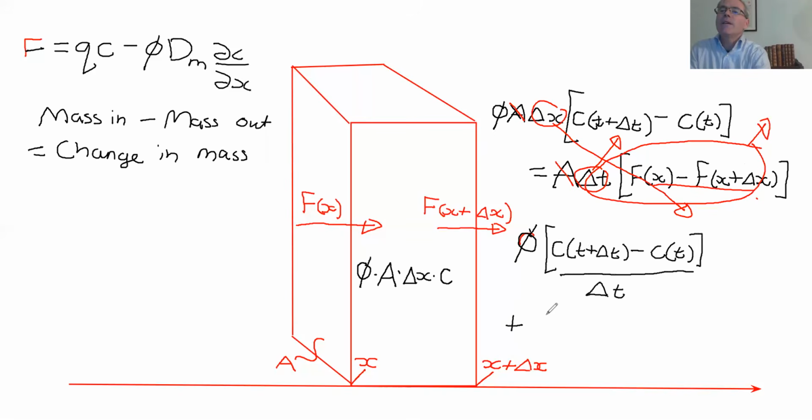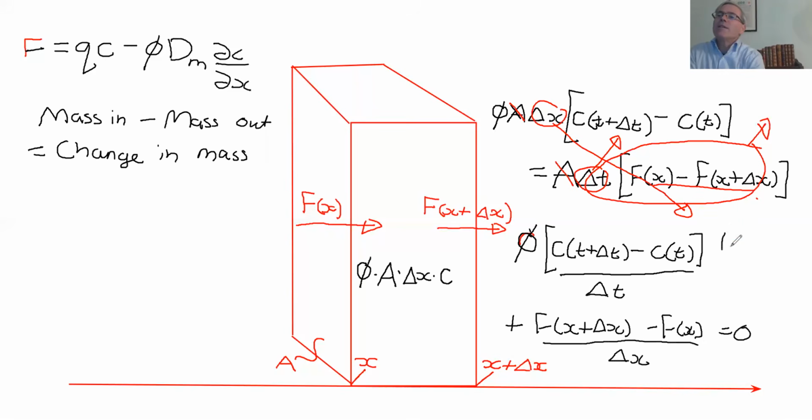So now this is F of X plus delta X minus F of X, and that's all divided by delta X, and that is now equal to 0.